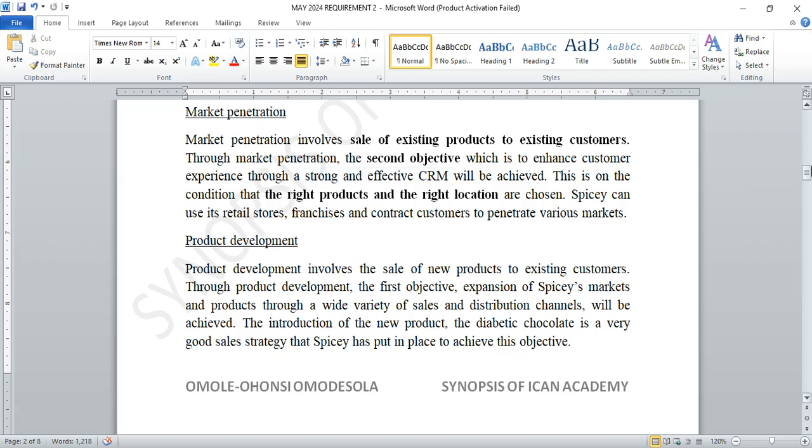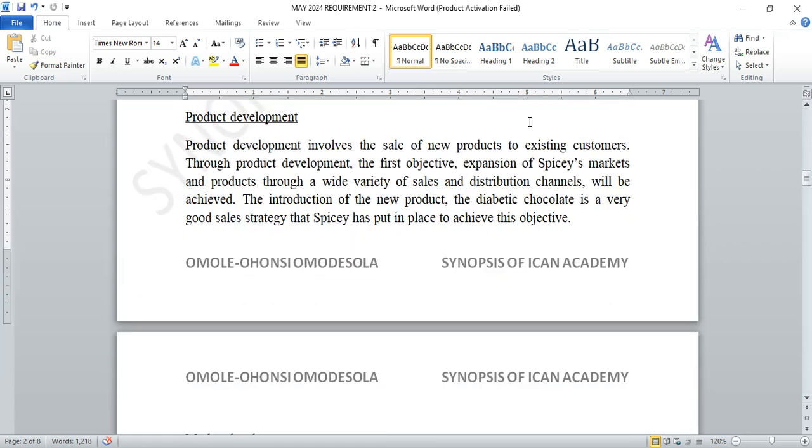All right, so the second one is product development. Product development is saying that we are selling new products to existing customers, new products to existing customers. So now, these same existing customers in Abuja and Lagos, we want to give them another chocolate. For instance, a diabetic chocolate. You understand? Introduction of diabetic chocolate is a very good strategy.